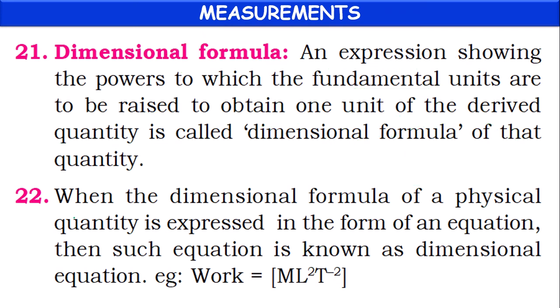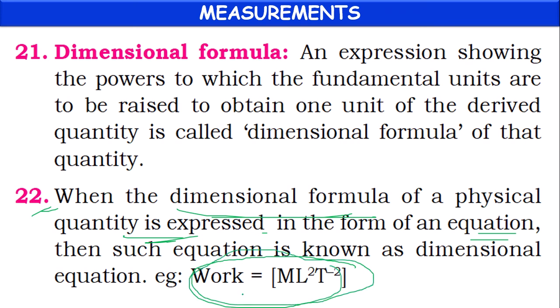Next, when dimensional formula of a physical quantity is expressed in the form of an equation like this: work equal to M1 L2 T minus 2, like this complete expression, this is called dimensional equation.